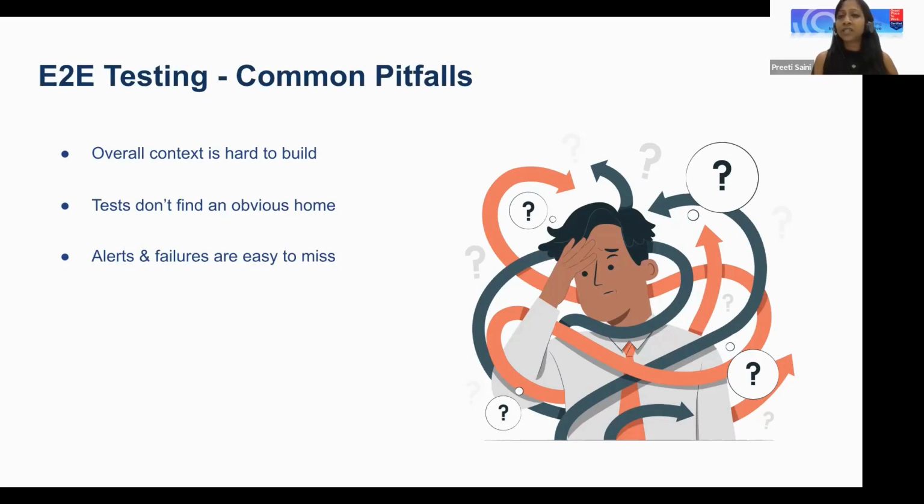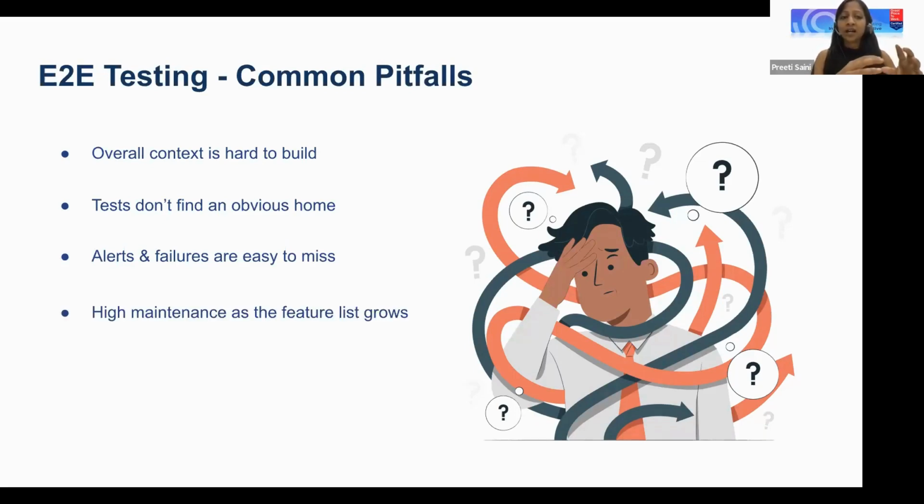And often we have seen that teams ignore these test failures. If the tests have been very flaky, the team has this notion that the tests have been failing for so long, so what happens if the test is still failing? So it's easy for people to ignore, and easy to miss, the failures in these end-to-end tests.